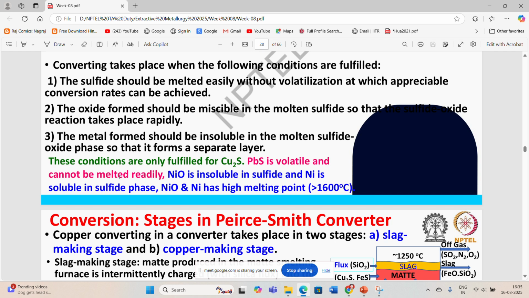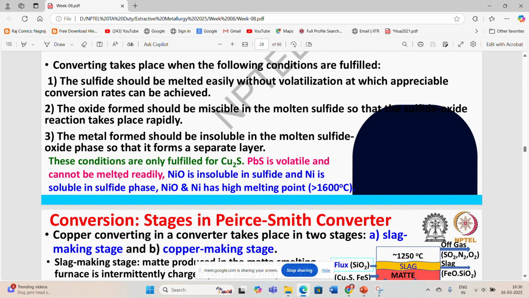The major motive behind this converting process is that we want to separate the metal from these metal sulfides. So the metal form should be insoluble in the molten sulfide or oxide phase, so that it forms a separate layer.